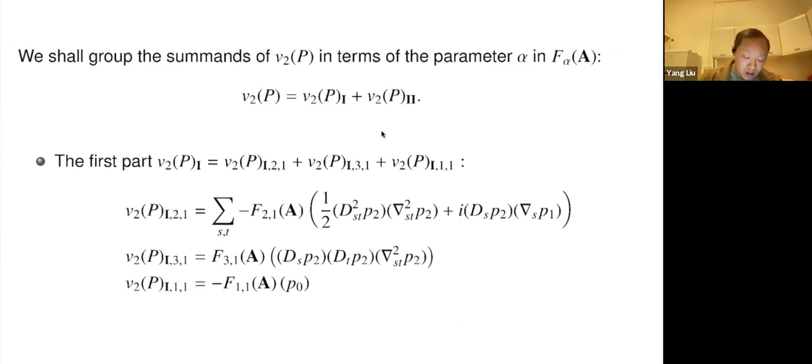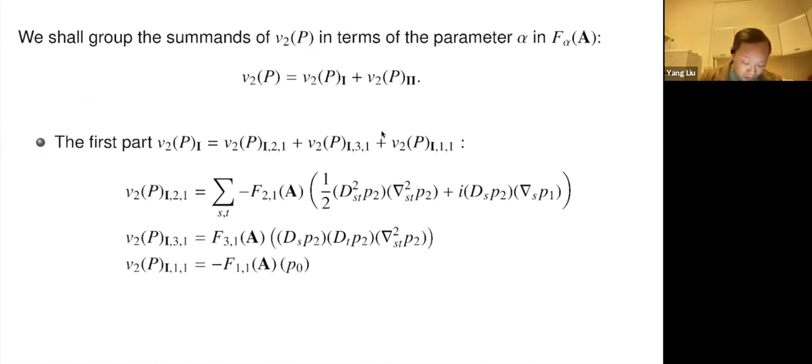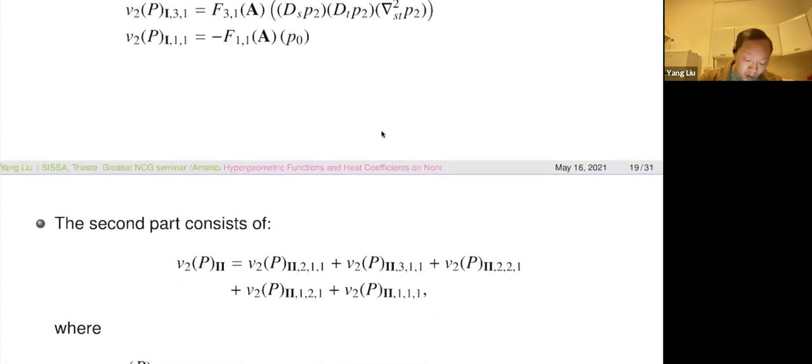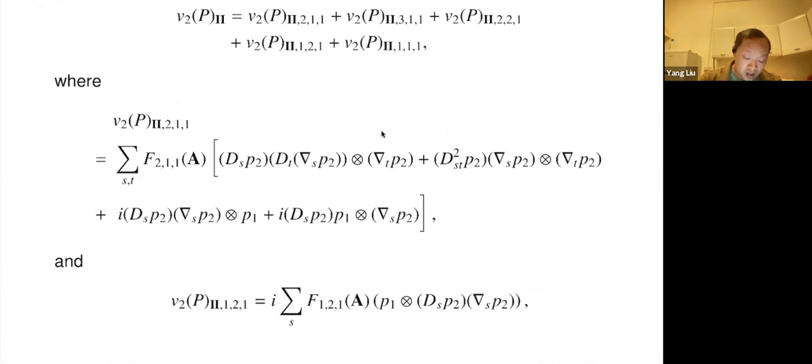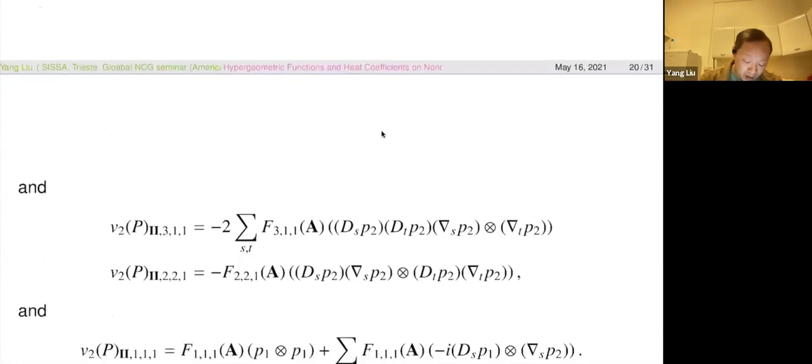So here is a bunch of terms. Here is the full formula for the second heat coefficients, for this general operator P.